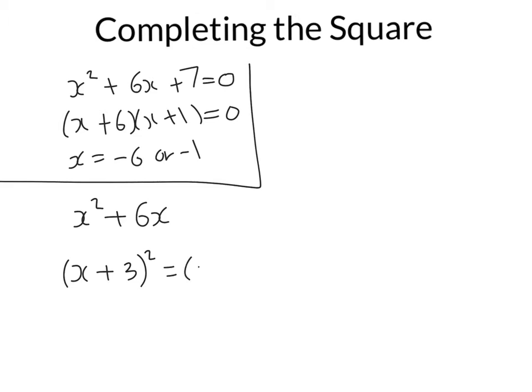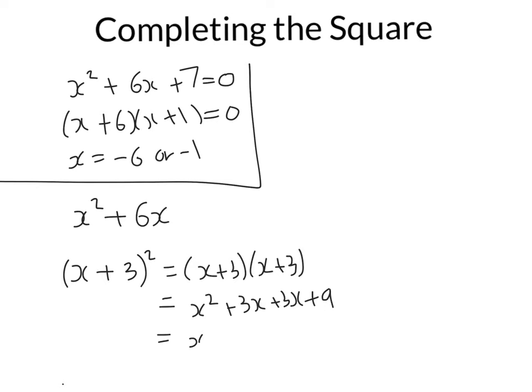Remember, x plus 3 squared is x plus 3 multiplied by x plus 3. If we expand that, we would get x squared plus 3x plus 3x plus 9. And that simplifies to x squared plus 6x plus 9. So no, they're not the same thing.